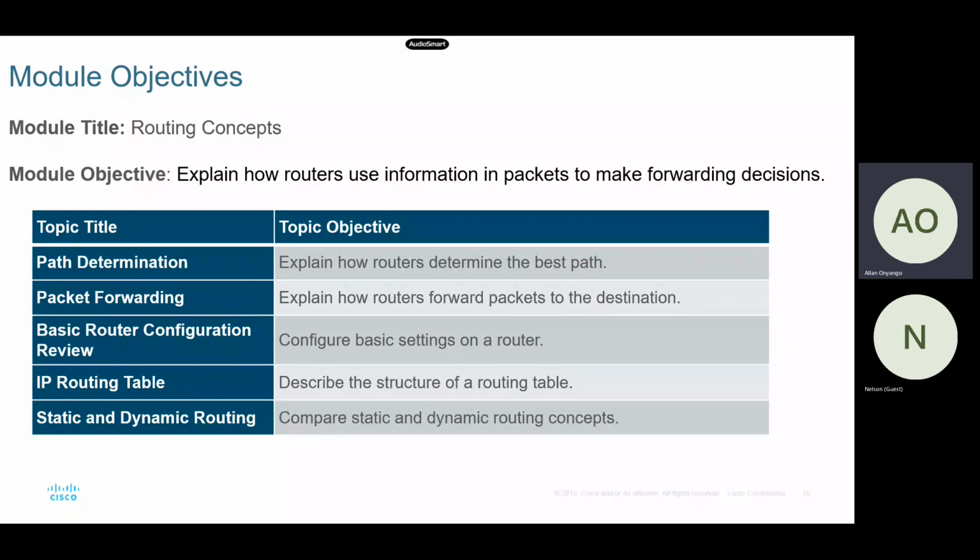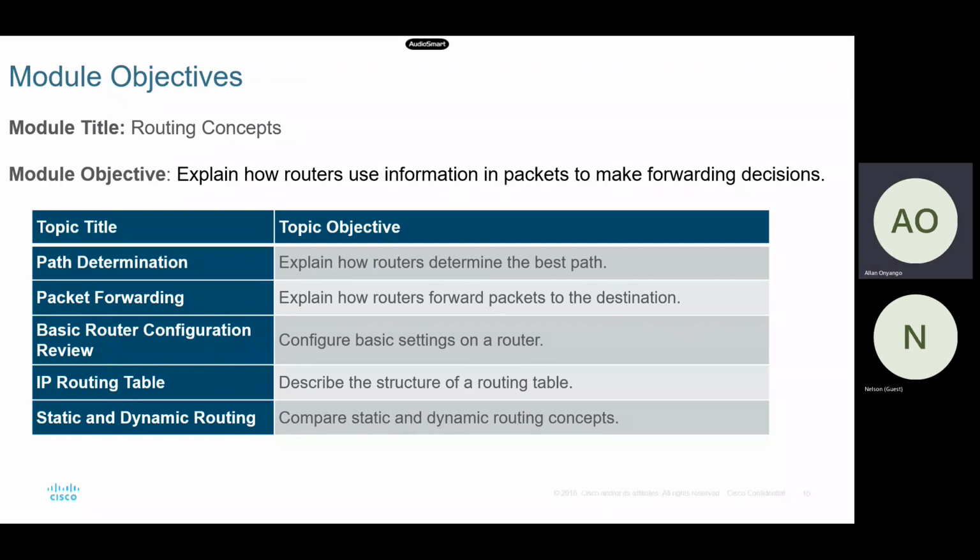So we'll explain how routers forward packets to the destination networks or devices. We look at some basic settings on a router, and some of these are things we had already looked at before. We'll configure basic settings on a router, describe the structure of a routing table. Remember, during switching, we talked so much about the MAC address table of the switch.